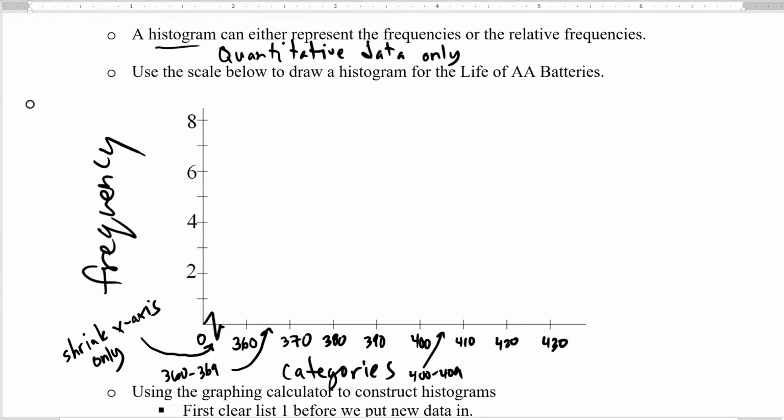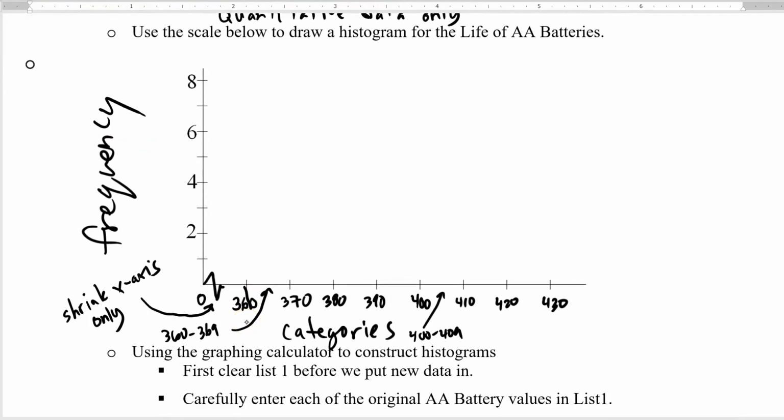So literally, all I do is from 360 to 369, I make a bar that is 2 high. And the next one, I believe, was 3 high. So from 370 to 379 was 3, and I believe the next one was 5 high, and I'll double check that.